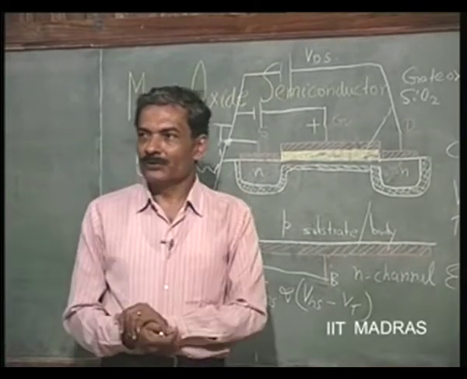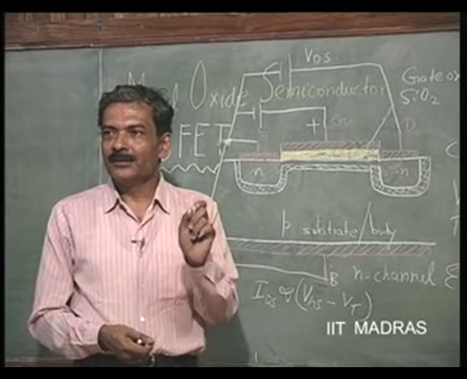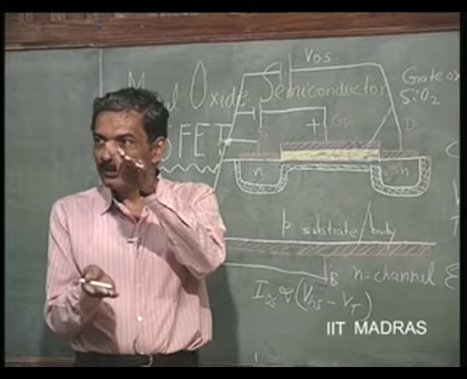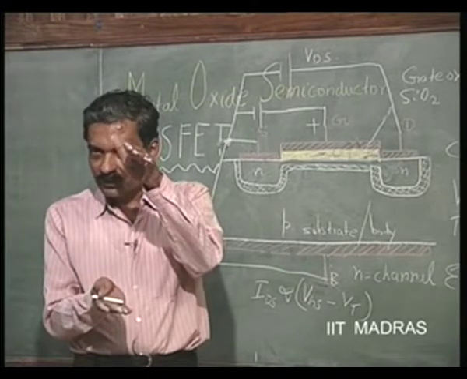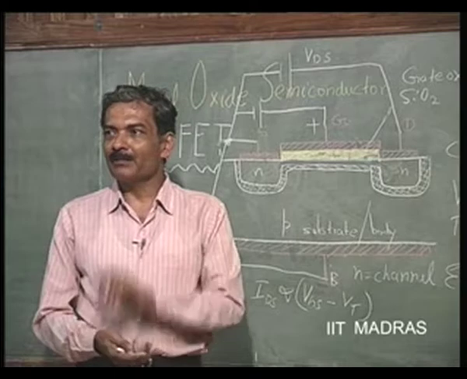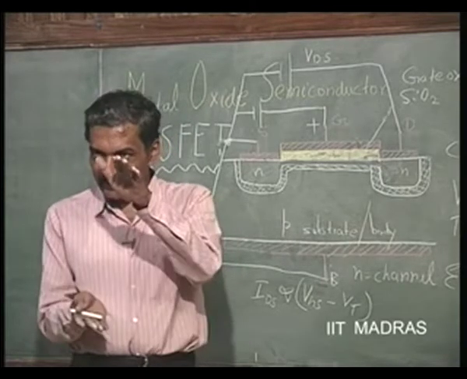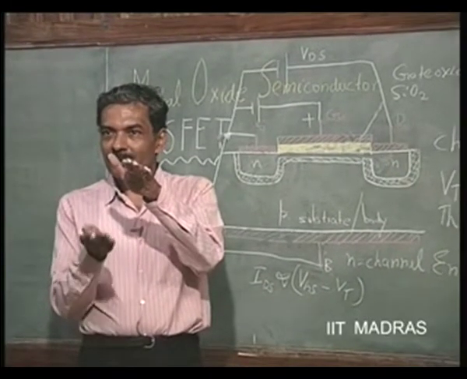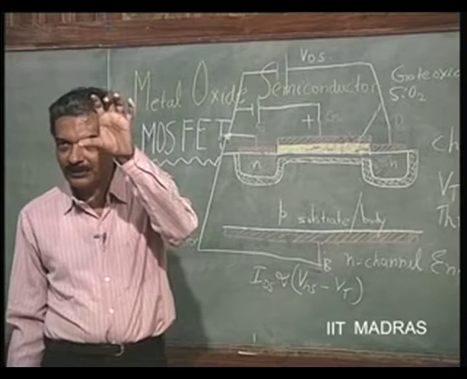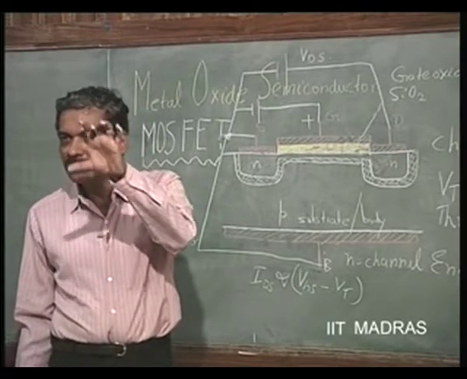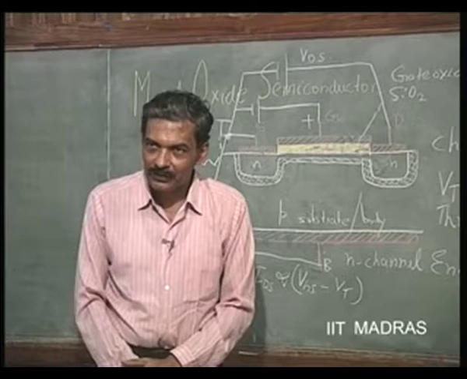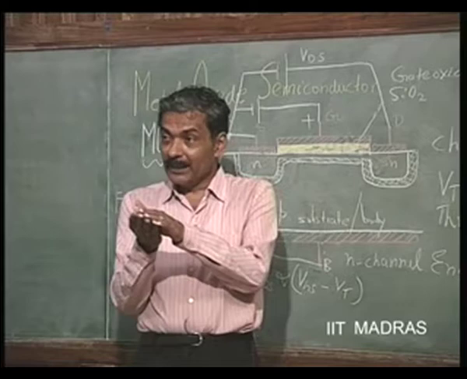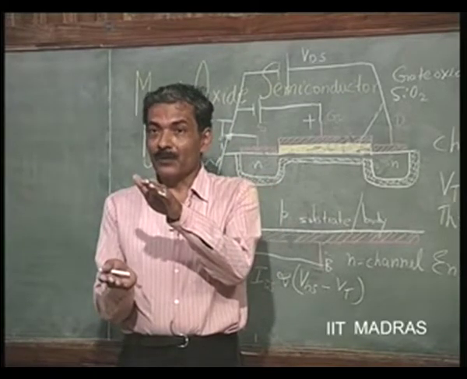Suppose VT is 1 volt and VGS is equal to 2 volts, then the channel width is corresponding to 2 minus 1 volt, right. Suppose VGS has now become 3 volts, the width is going to be further enhanced by an amount which is equal to 3 minus 1 corresponding to 2 volts. So, this width will be more than the width corresponding to the earlier voltage of 2 volts, right.